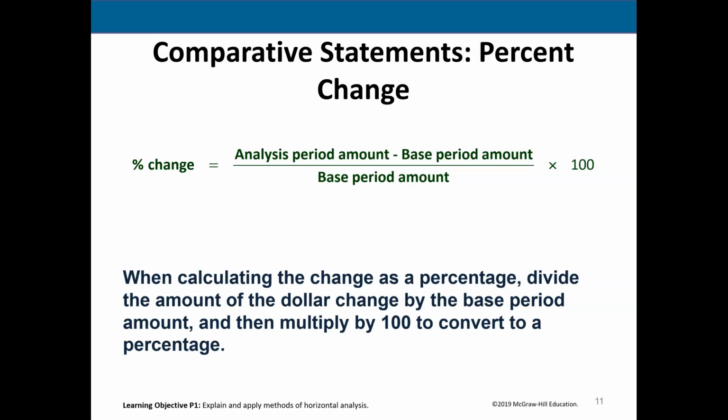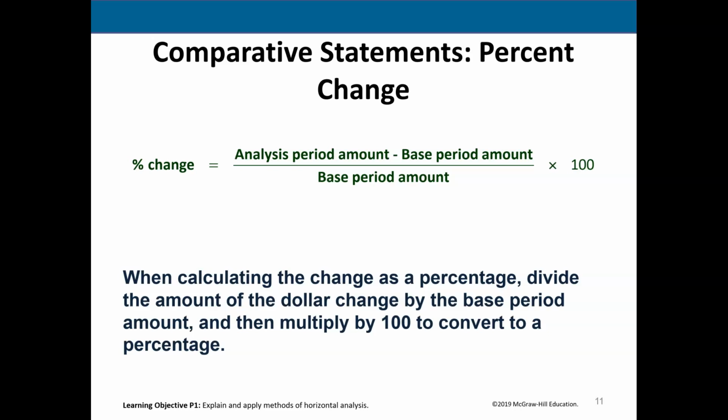So you want to look at percentages instead. Maybe both companies, one had a change of $10,000, the other one had a change of $1 million. Both changes were actually only 10%. So it is really good to calculate the percent change when you're looking at this.